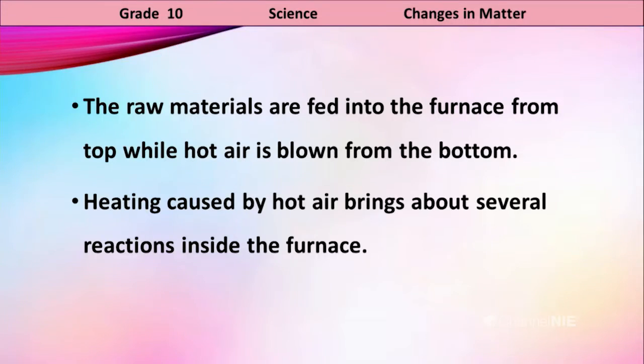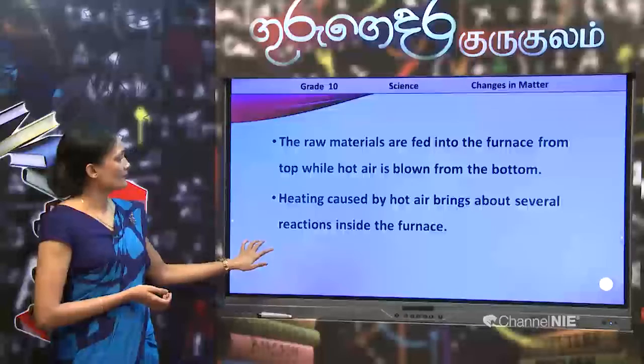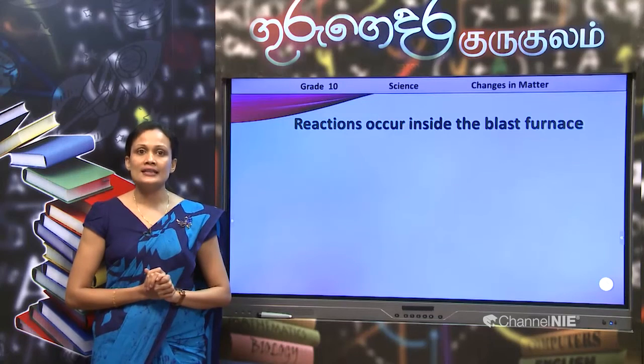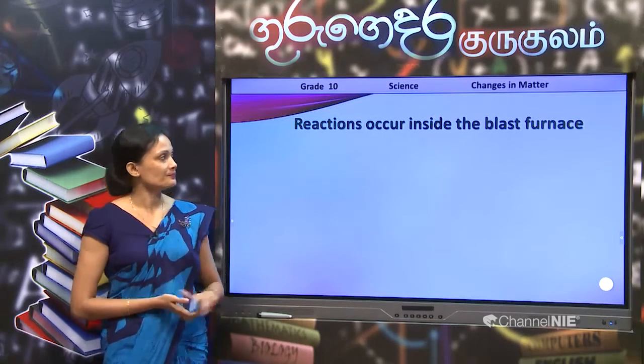The raw materials are inserted into the blast furnace from the top while the hot air is blown from the bottom. The heating caused by the hot air brings about several changes inside the furnace. Let's see what reactions occur inside the blast furnace.